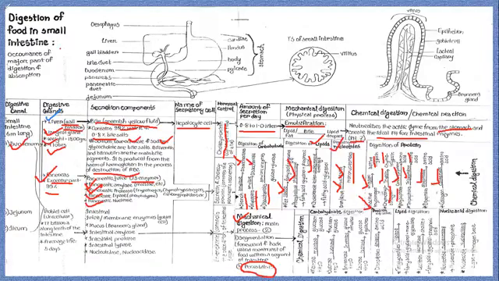Now we see goblet cells here. These are unicellular. There are 17 billion goblet cells along the length of the intestine. Their survival time is 5 days.